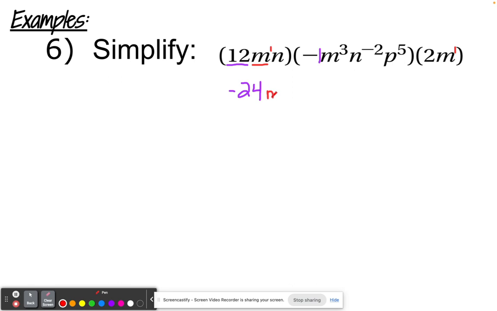So m to the 5th power. I have n to the 1st power, n to the negative 2 power, and I don't have any n's here. So 1 and negative 2 will give me n to the negative 1 power. And lastly, I have my p to the 5th power.